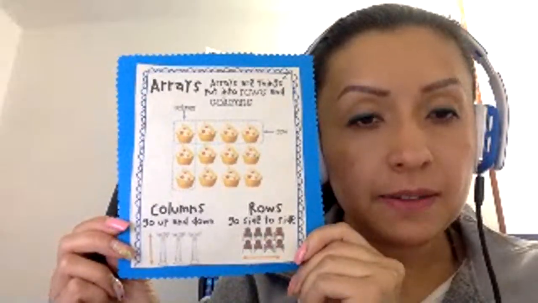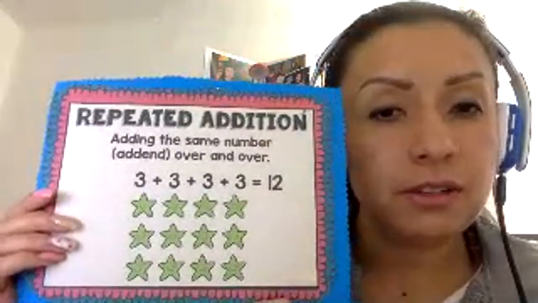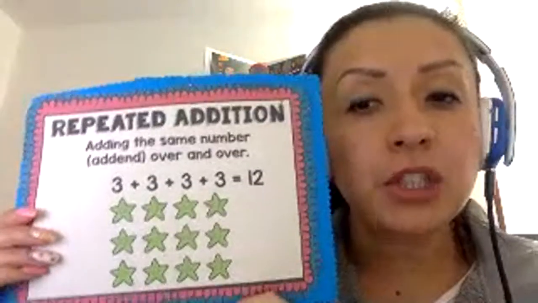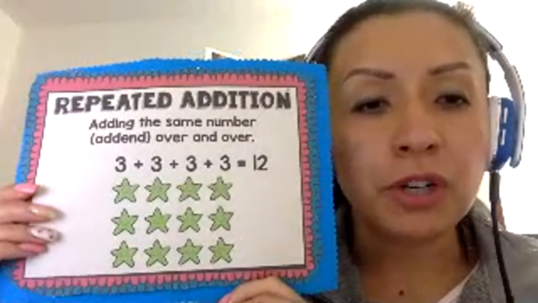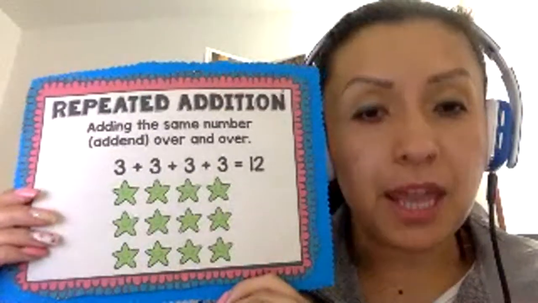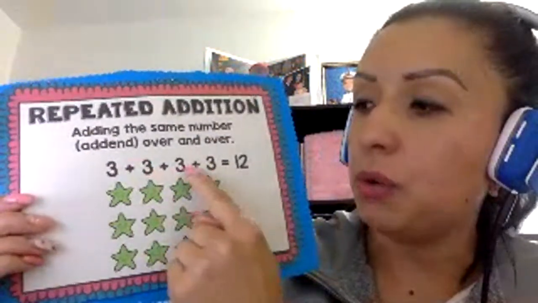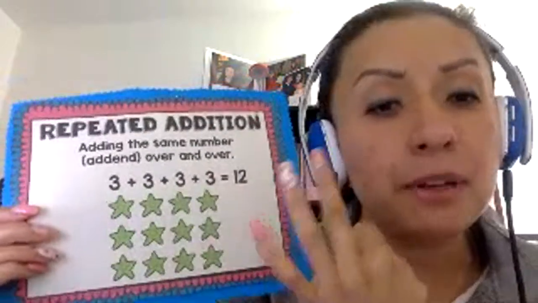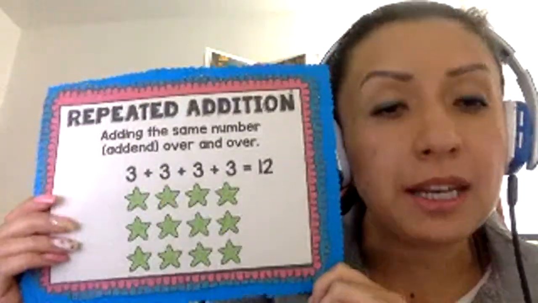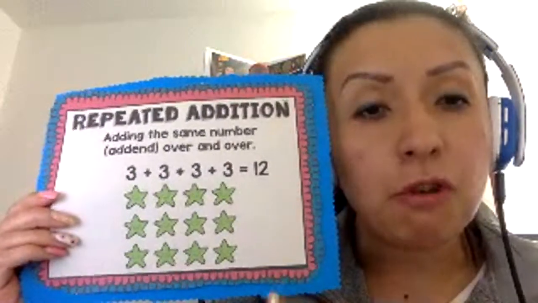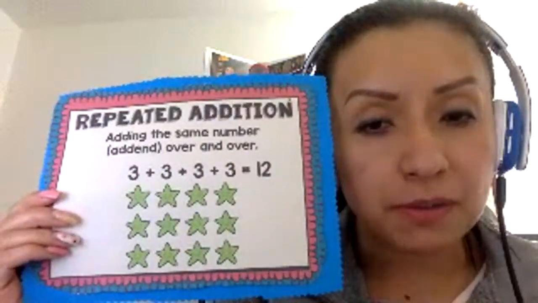The next one was repeated additions. That means you have to repeat over and over the number. In this case, we had to repeat 1, 2, 3, 4 times the number 3. This is a repeating addition that we are replacing with multiplication.